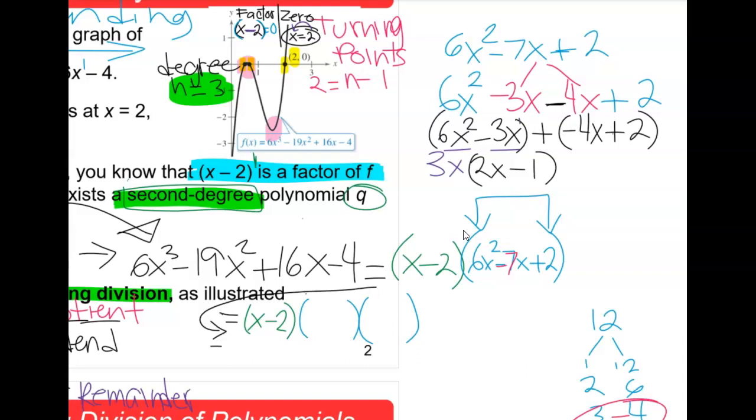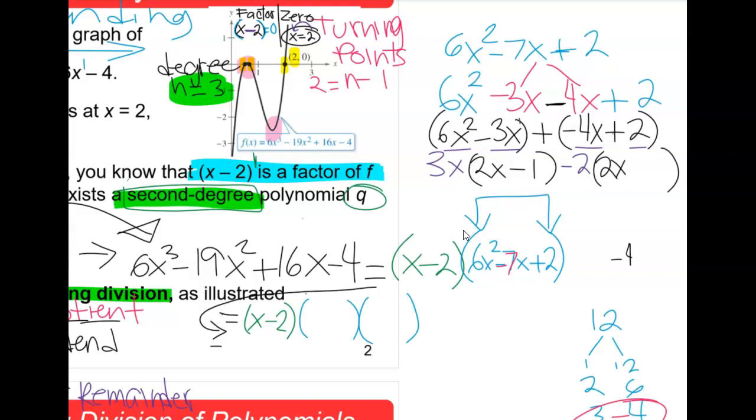Now, from my other group, what I can factor out, they have in common that they can both be divisible by 2. But what I want to do instead is factor out a negative 2. And you'll see why in a minute. So if I factor out a negative 2, then negative 4x divided by negative 2, I will get a positive 2x.